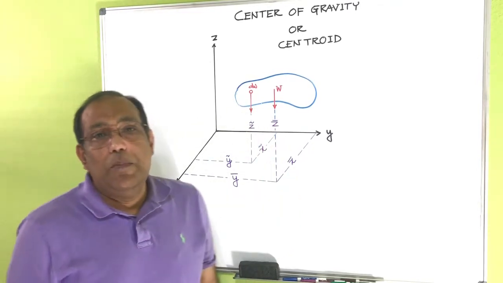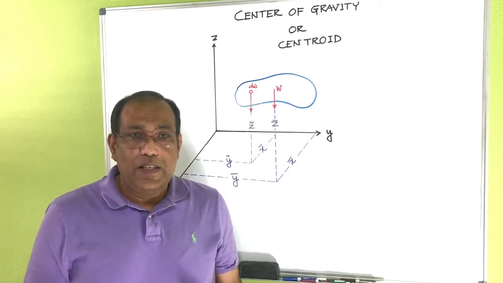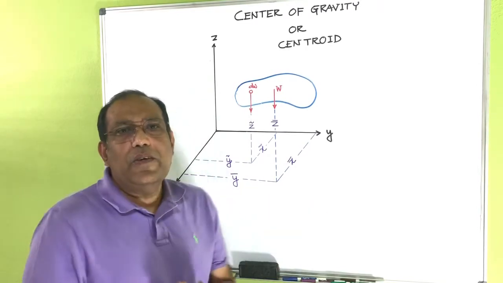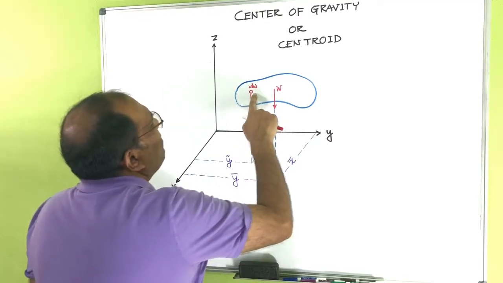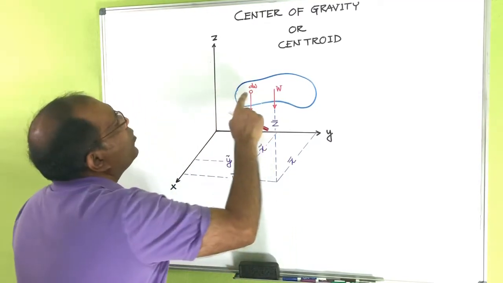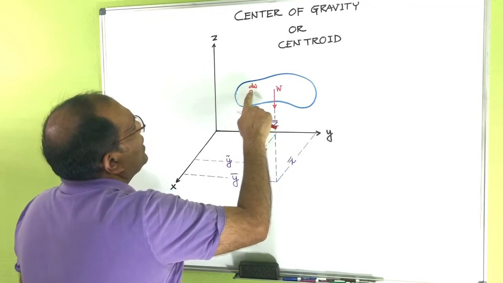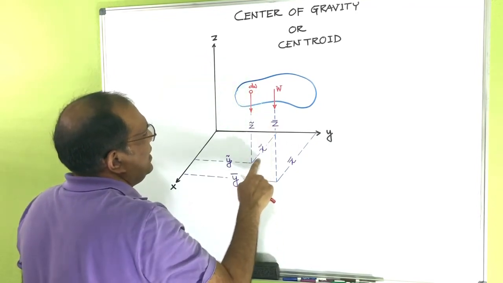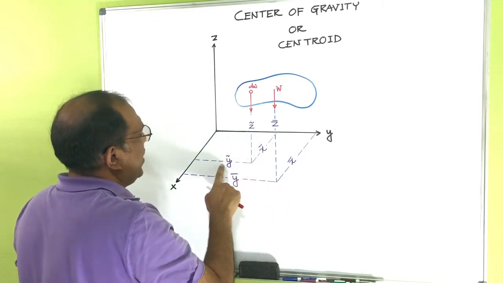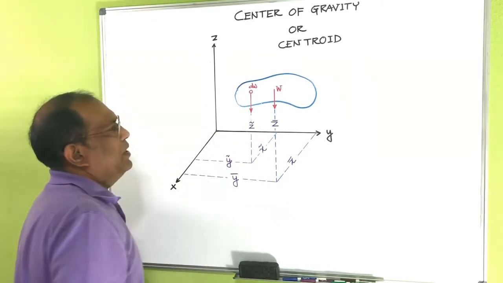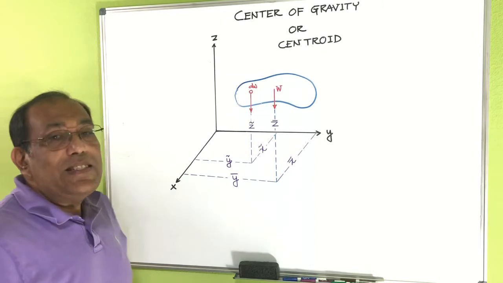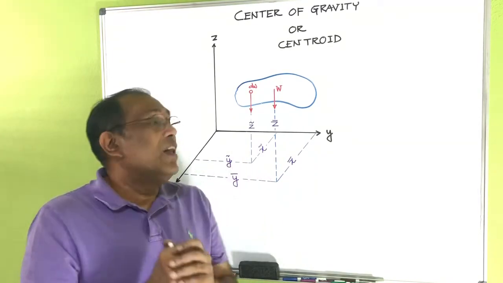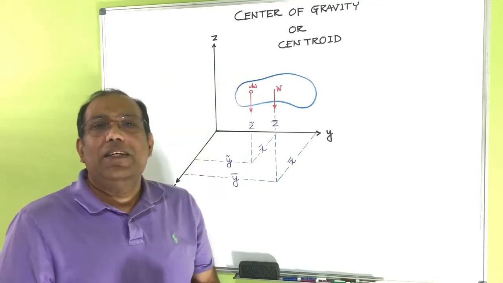That is the center of gravity of the total mass. Now I take a very small weight here, dW, working at a location x tilde, y tilde, and z tilde. That's the location of that infinitely small weight.